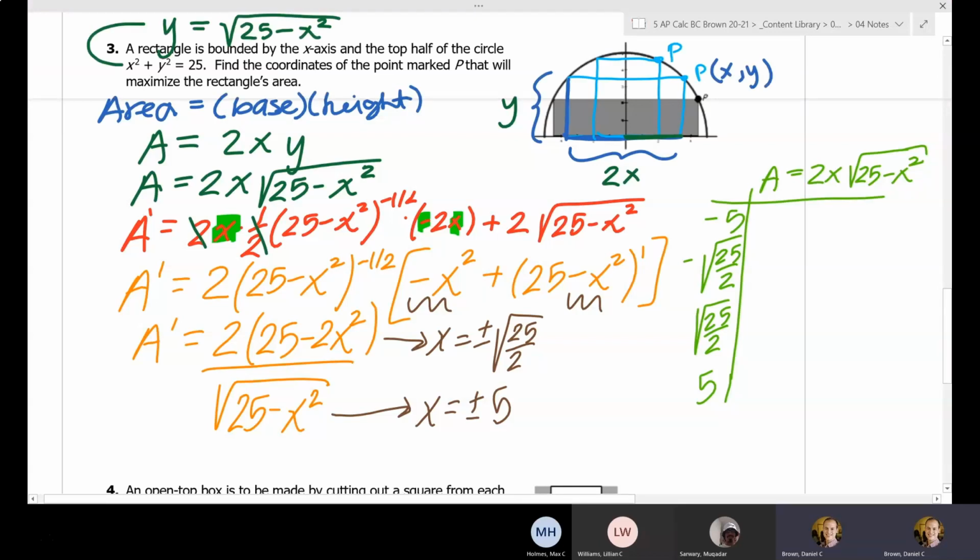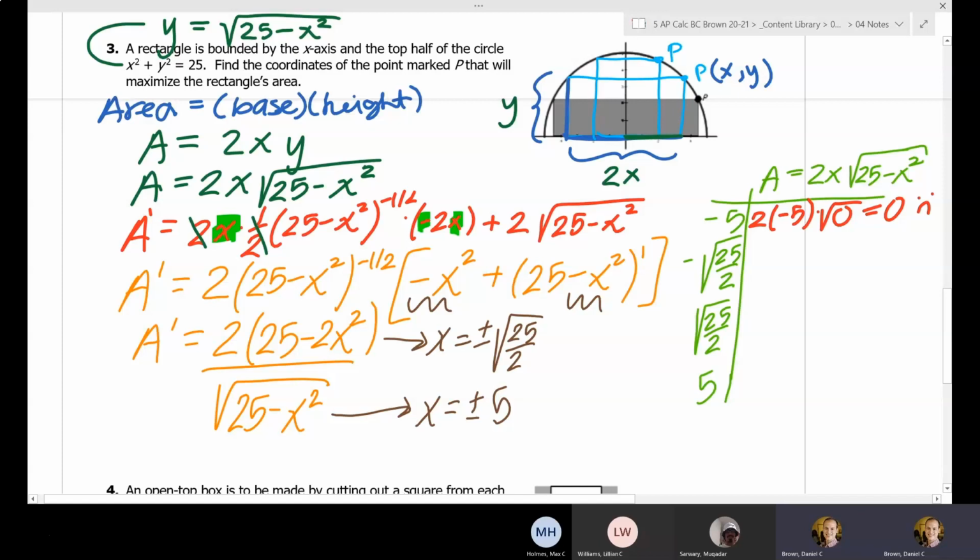For example, if I plug in -5 into this equation, we'll have 2 times -5 times the square root of 25 minus -5 squared, which is going to give you what? 0. So that whole area would be 0. Well, is an area of 0 going to maximize area? No, like this is going to be 0. We're not going to use that value because clearly 0 is not a maximum value.